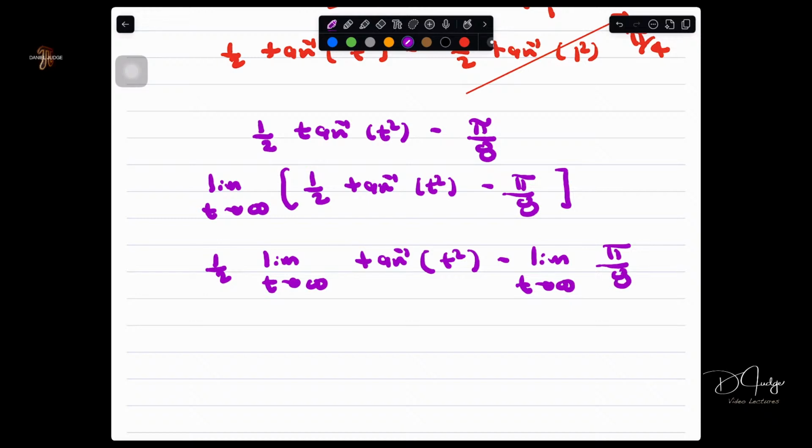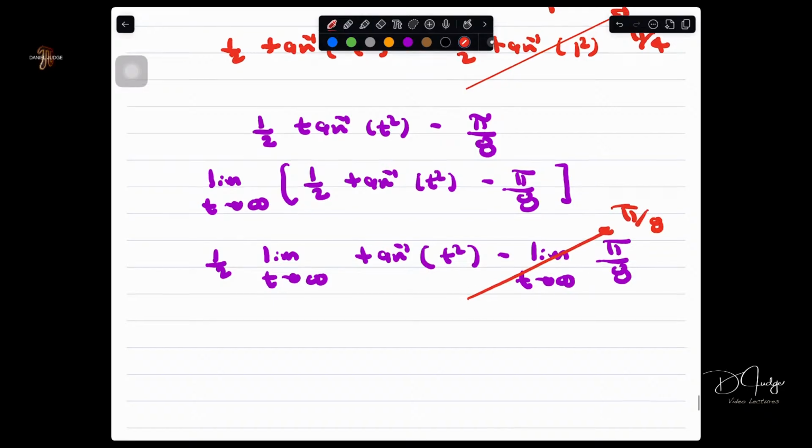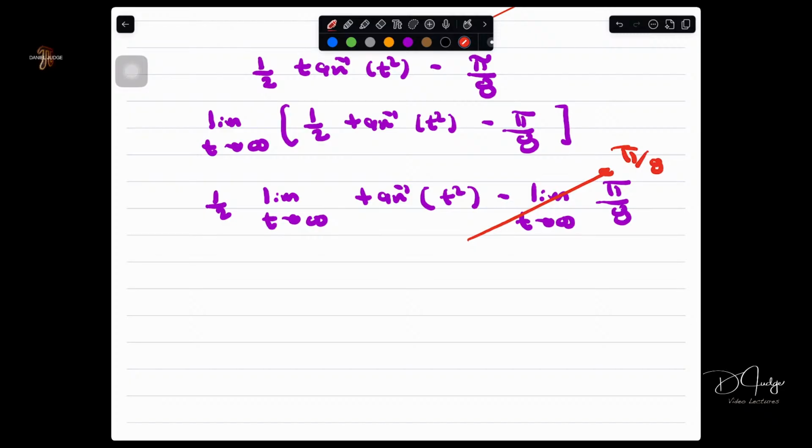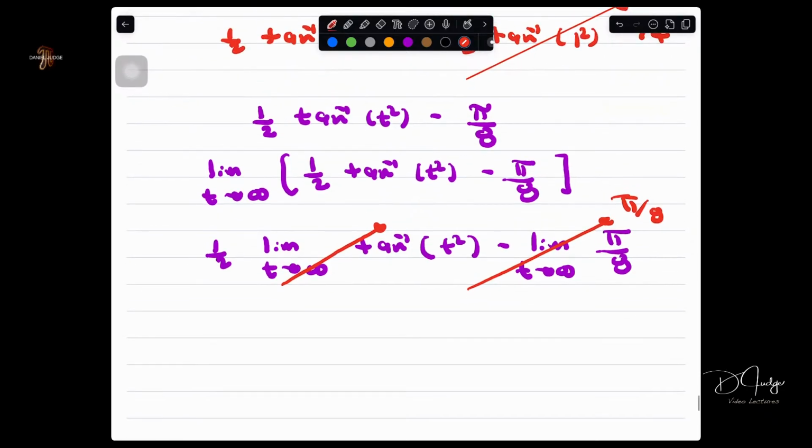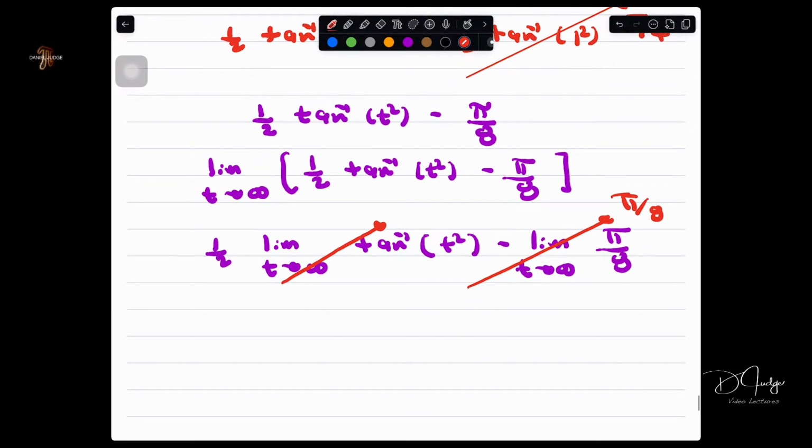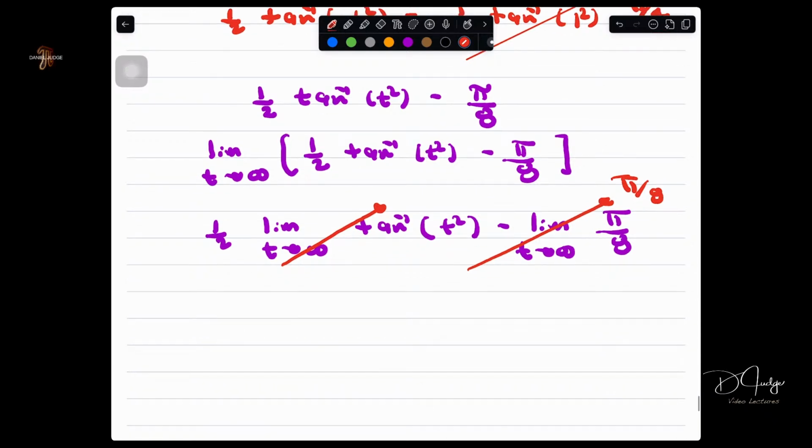Now, this limit is pi over 8, because the limit of a constant is a constant.